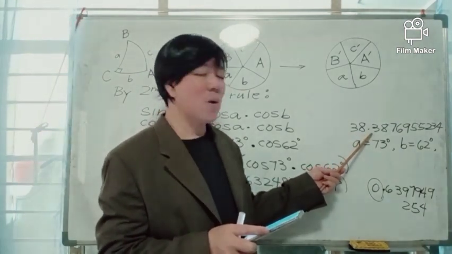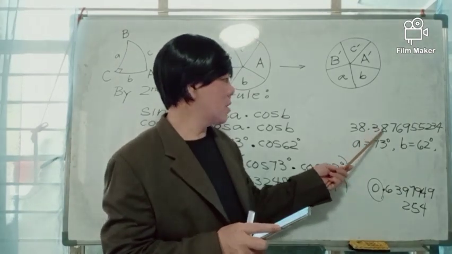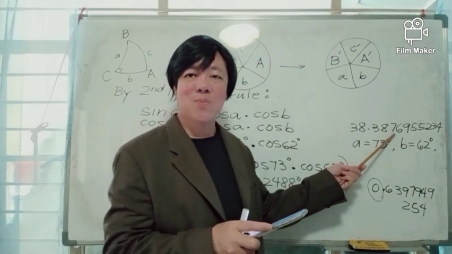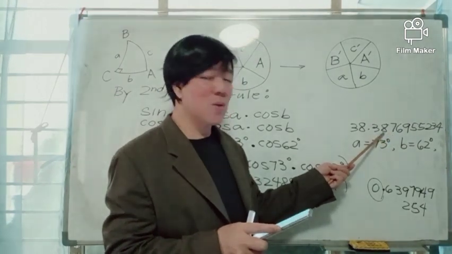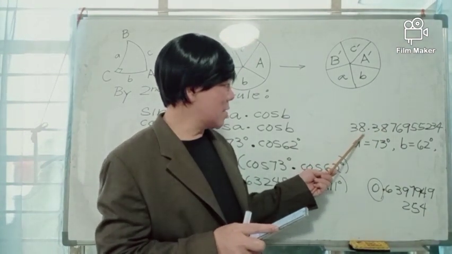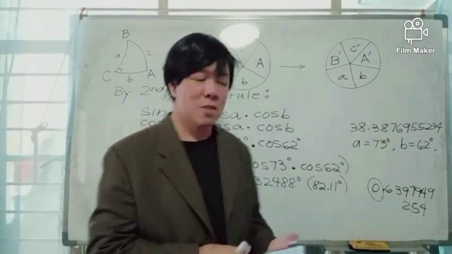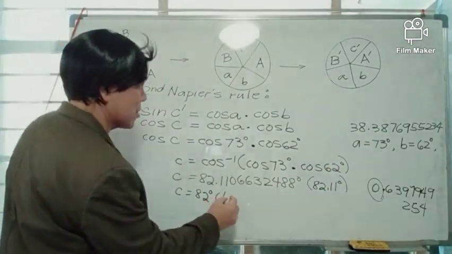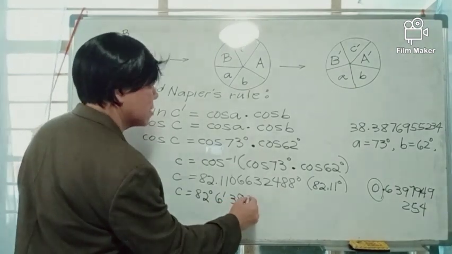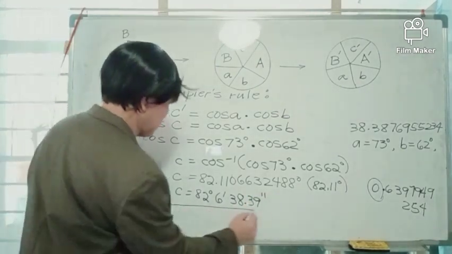After the decimal point, you count two decimal numbers, 1, 2, and the number to be rounded up is 7. Since 7 is more than 5, we add 1 to the preceding digit 8. And this to 2 decimal places is 38.39 seconds.